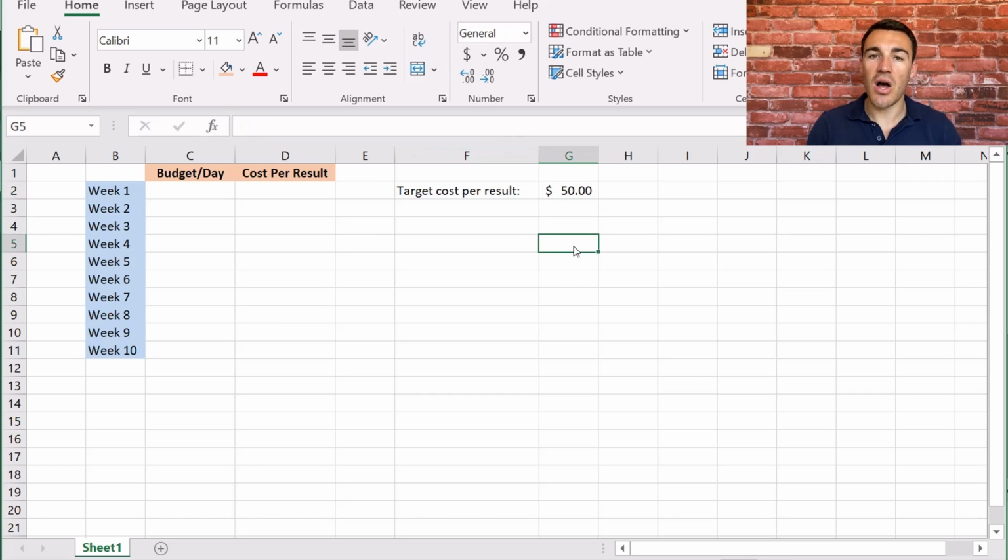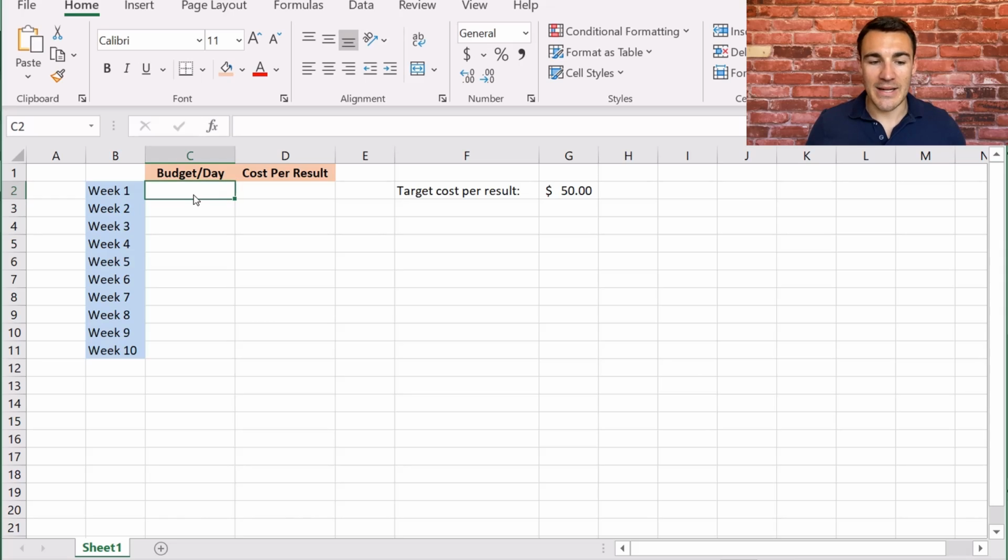Okay, so let's say our target cost per result is $50. Now, when I say target, I mean, we all love a cost per lead or a cost per purchase that's like 4 cents, but that's completely unrealistic. Target cost per result is what can I actually afford to pay? If I really run through the numbers, what is still profitable for me to pay? And let's say the upper limit of that is $50.